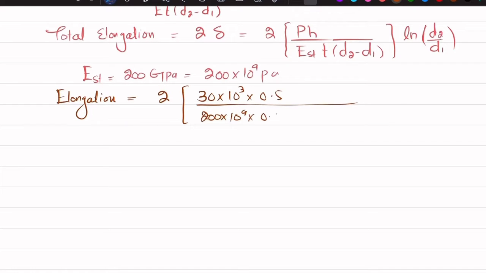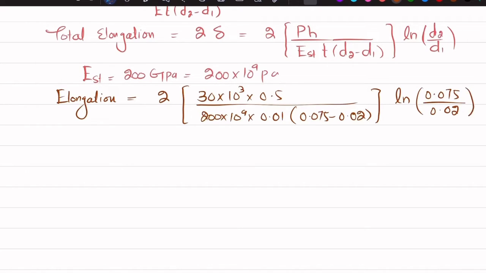Thickness is 0.01 and D2 is 0.075 minus D1 is 0.02 into log of 0.075 divided by 0.02. So when you solve this, you will get this elongation, total elongation.